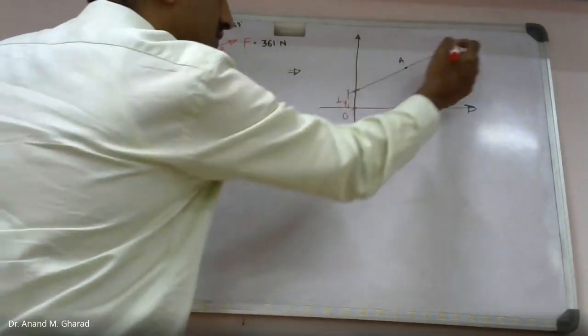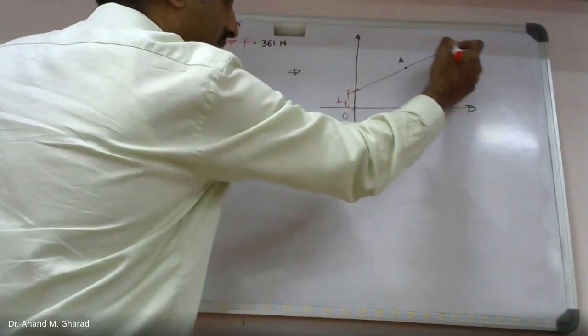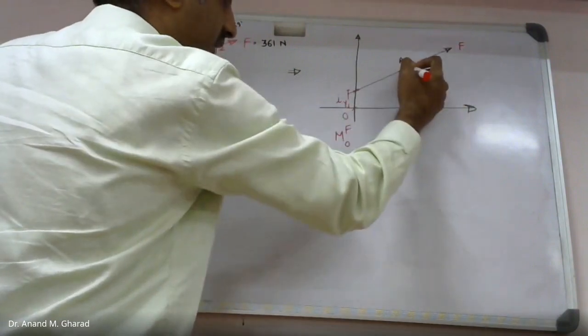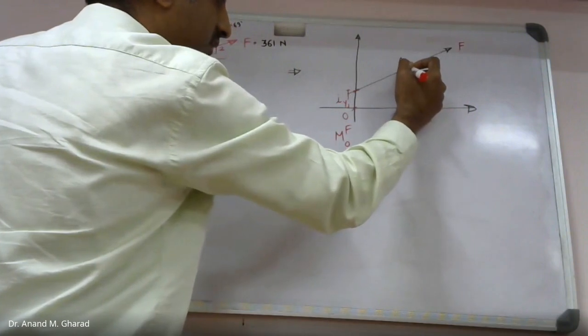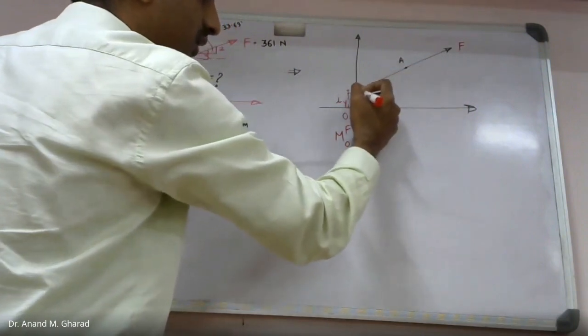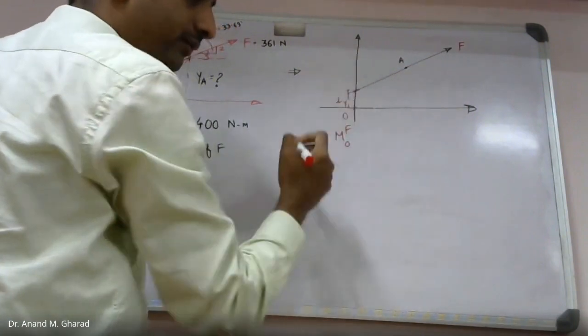See, this F is actually acting at this point A. But what I have done, I have extended the line of action of this force up to this point. Fine.